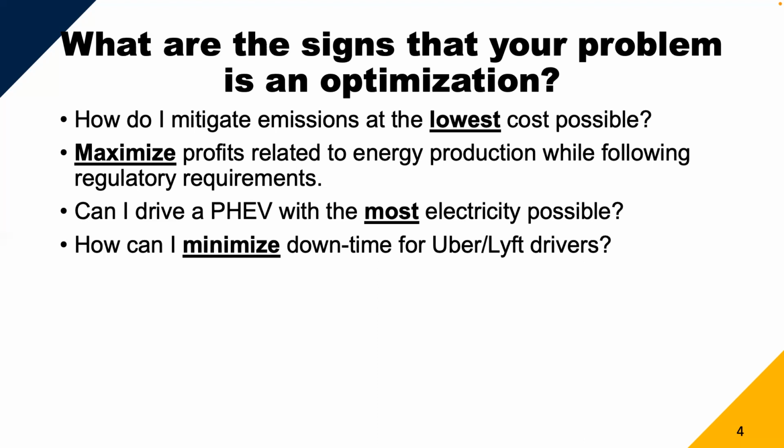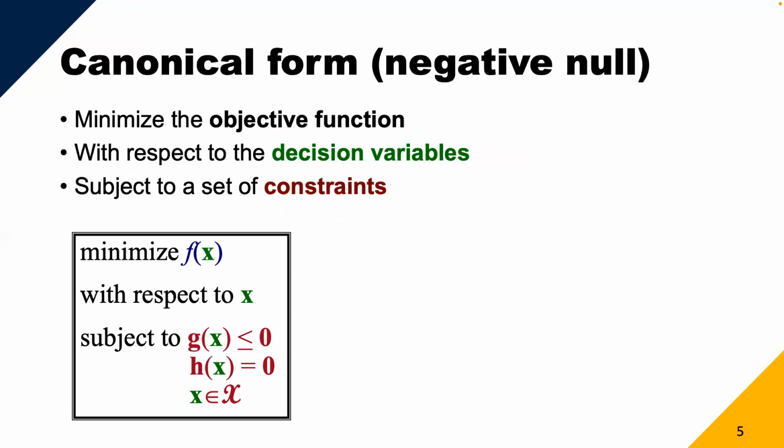Okay. So the canonical form of an optimization, this is known as the negative null form, where you're always going to try and minimize the objective function.